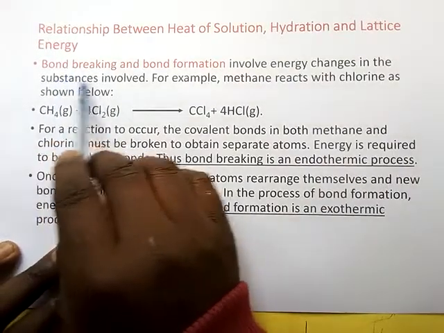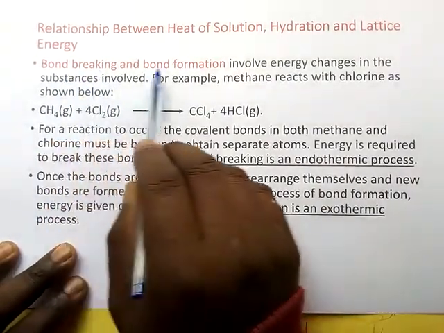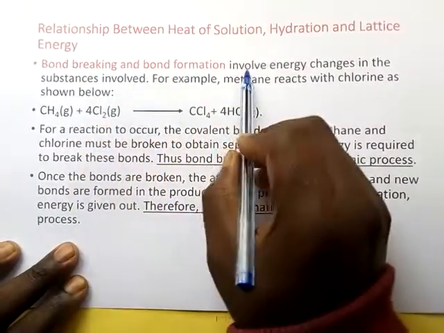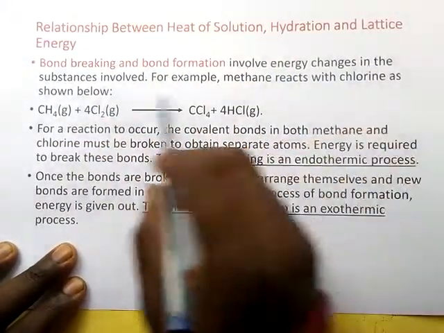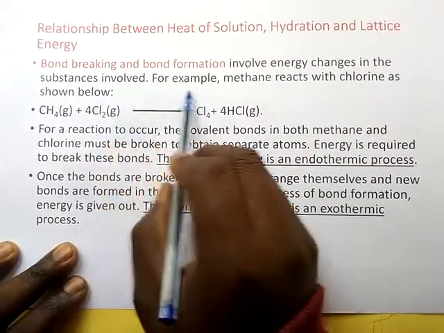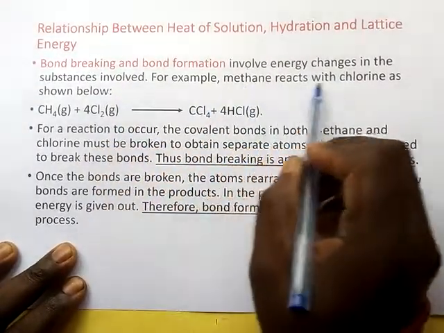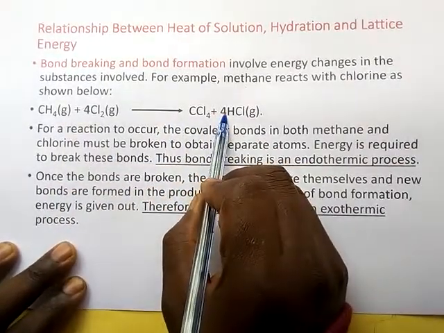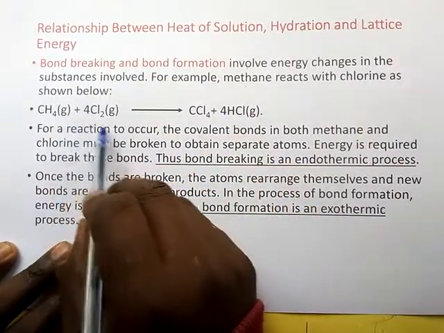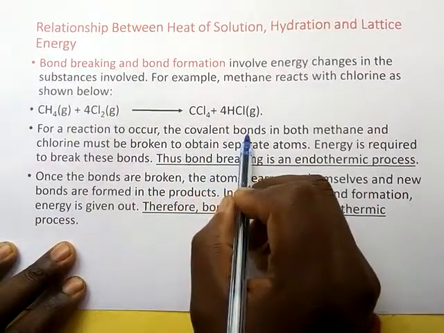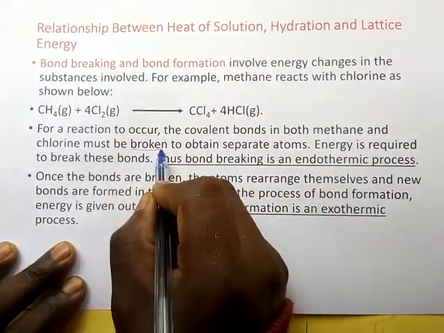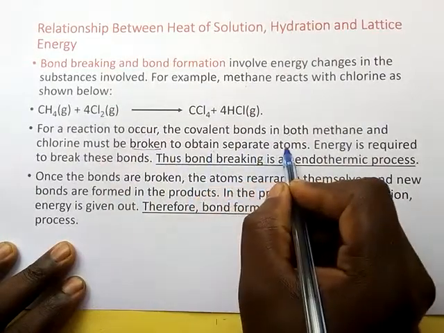Next one, we want to remind ourselves about bond breaking and bond formation. Bond breaking and bond formation involve energy changes in the substances involved. For example, when methane reacts with chlorine, like you can see in this equation, for the reaction to occur, the covalent bonds in both methane and chlorine must be broken to obtain separate atoms.